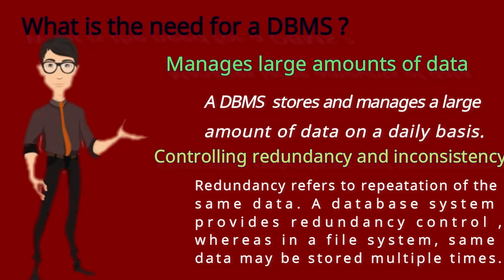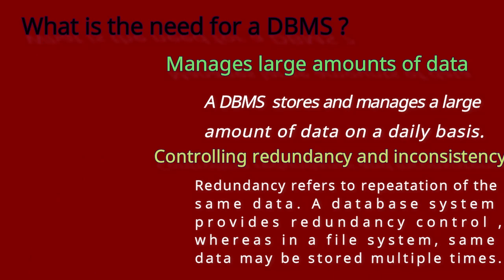Whereas if we use the file system, the same data may be stored multiple times. We sometimes do not have control to stop them, but in a DBMS we can control the repetition of data.